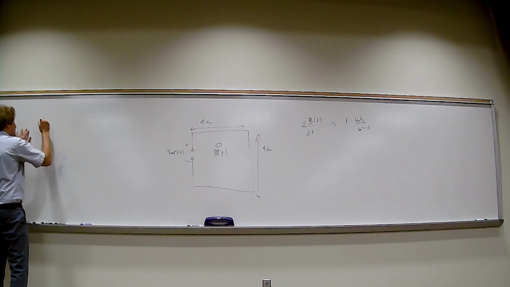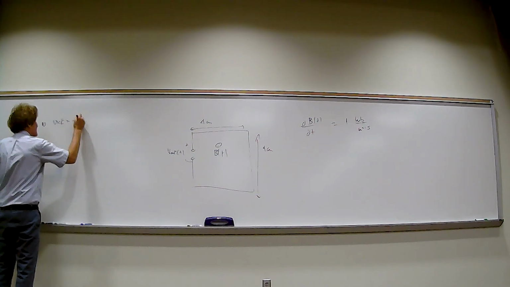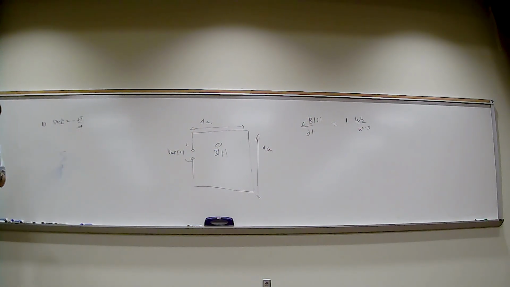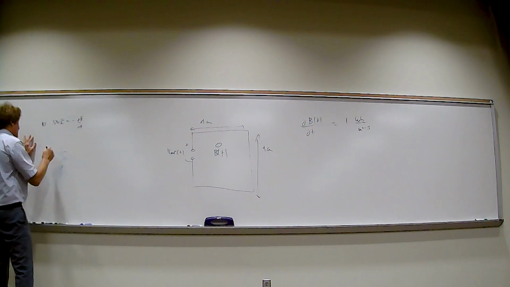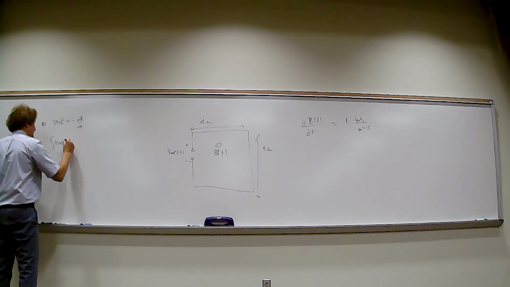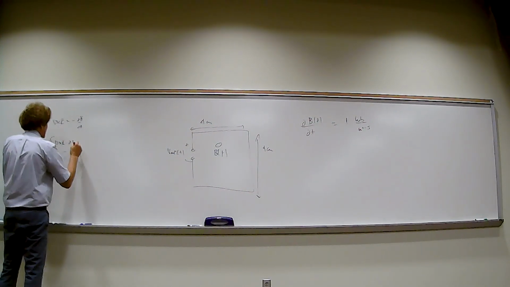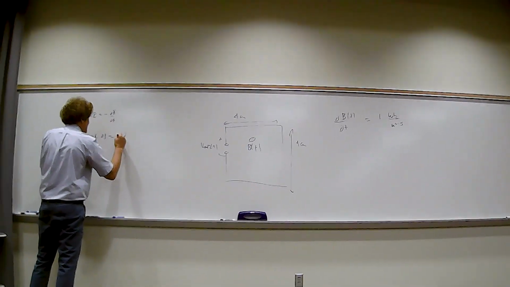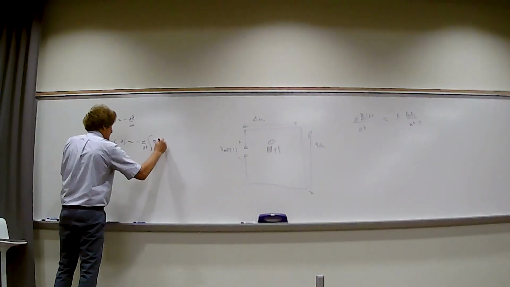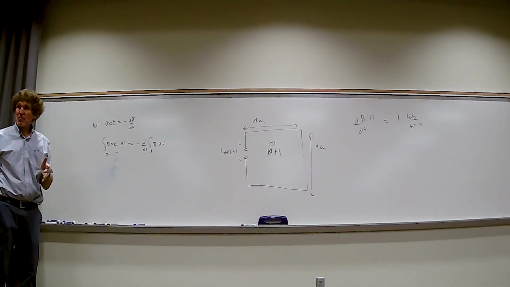We start with curl of E equal to minus dB/dt, right? And then we integrated both sides, so I integrated curl of E dot dS over the surface, over the interior of that loop. And that was equal to minus d/dt of the integral of the B field dot dS. Do you remember me doing this? I'm being a little casual with some of this.